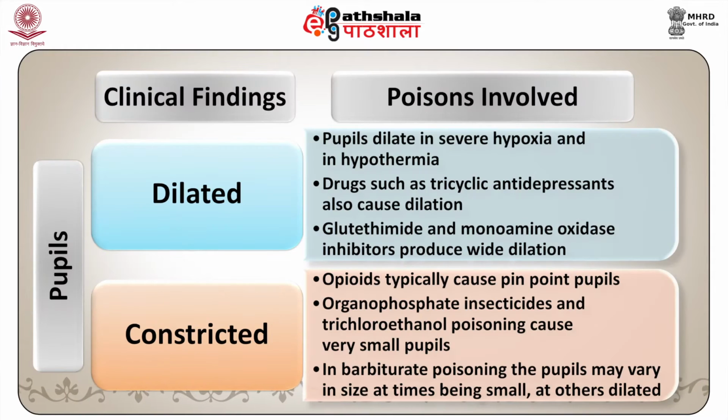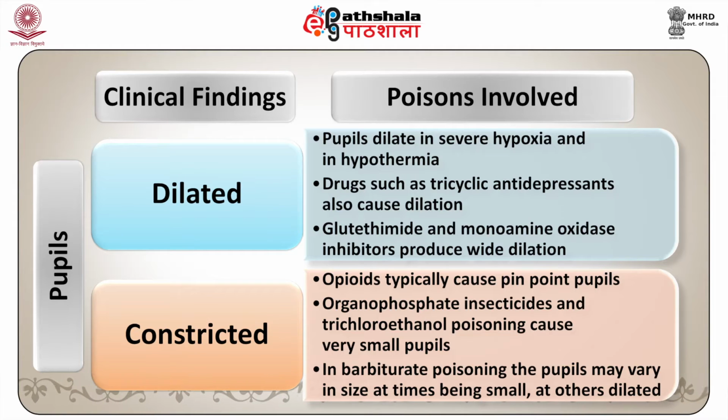Next, the pupils. If the pupils are dilated, it means the pupils dilate in severe hypoxia cases and in hypothermia also. Drugs such as tricyclic antidepressants also cause dilation. Glutethimide and monoamine oxidase inhibitors produce wide dilation of the pupil.